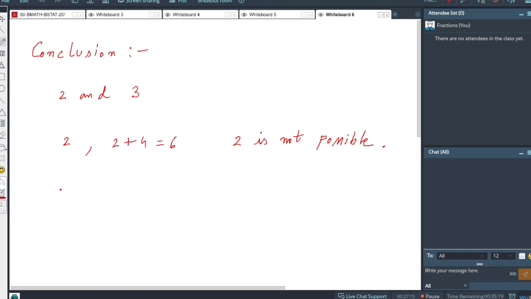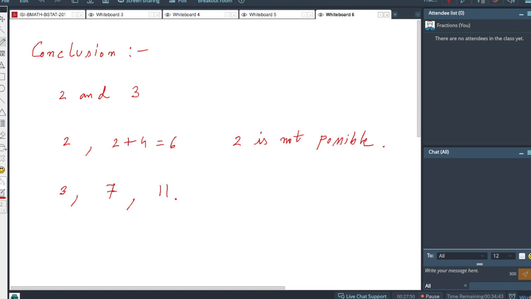Now what about 3? So if I take the minimum prime to be 3, then the next prime is 7, and I see it works. So the next prime is 7, if I add 4 to 3, I get 7, which is a prime. And again, if I add 4 to 7, then I get 11, which is again a prime.